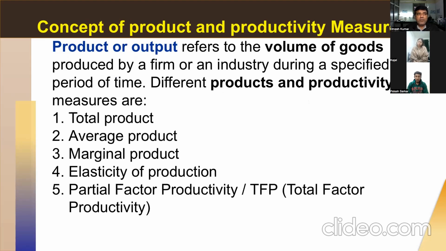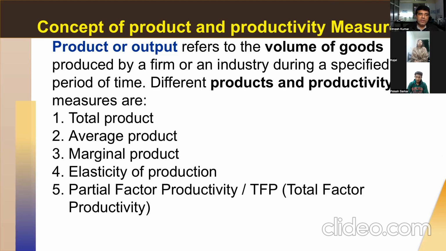Now, the concept of product and productivity measures. First, product or output refers to the volume of goods produced by a farm or an industry during a specified period of time. Volume of goods is your product or output.